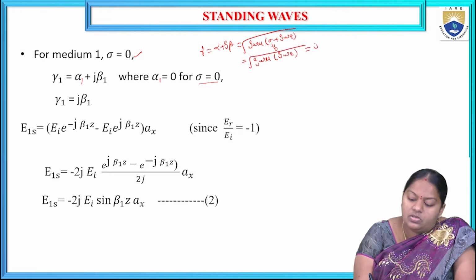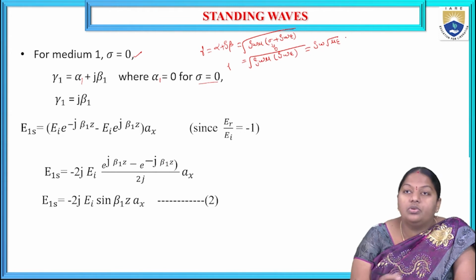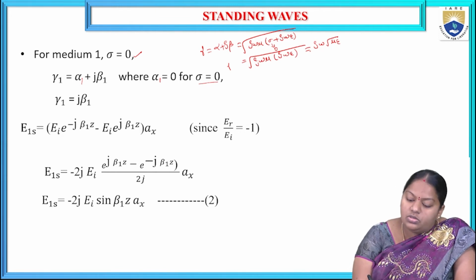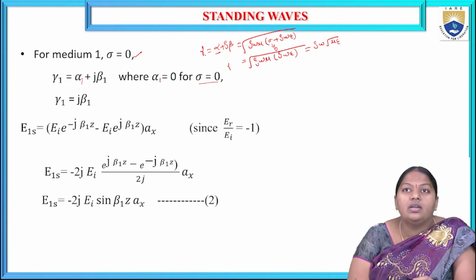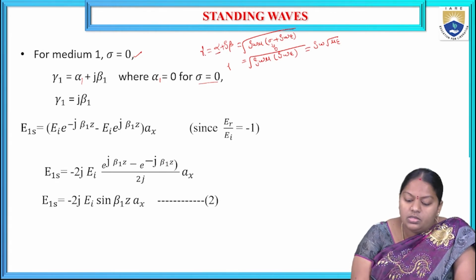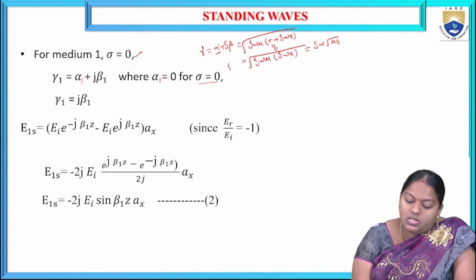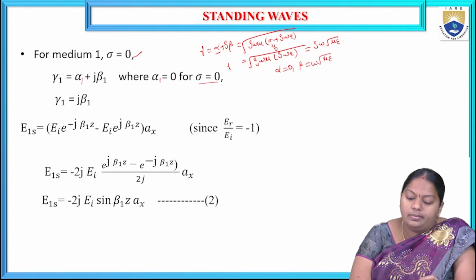From this, jω root over με, right? So γ equals α plus jβ equals jω root over με. So there is no real term. What is the real term we have considered? The attenuation constant α, right? So α equals 0 and β equals ω root over με, from these two equations.